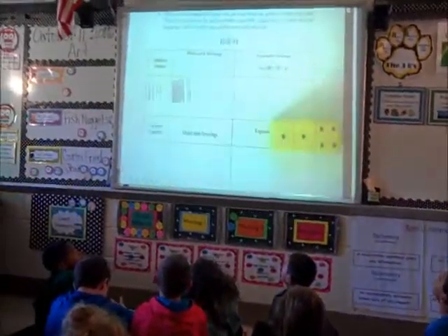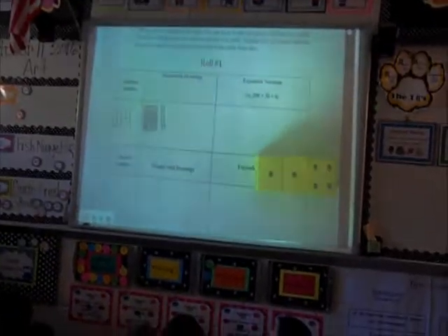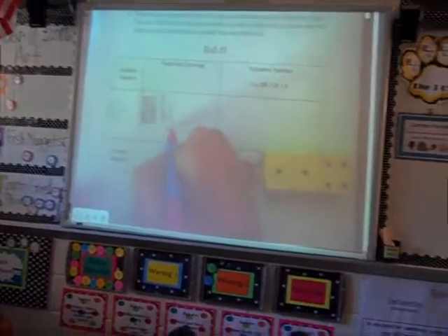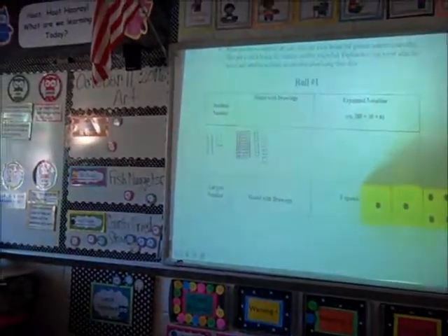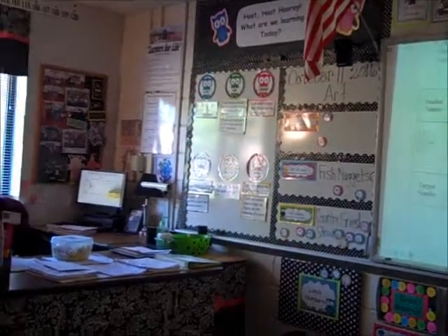I had to add one more at the top. How many ones do I need? 4. 4 ones. 1, 2, 3, and 4. So I have now modeled 114. I drew it myself.